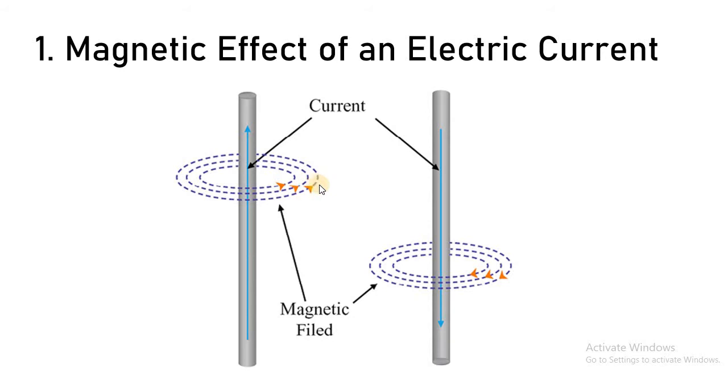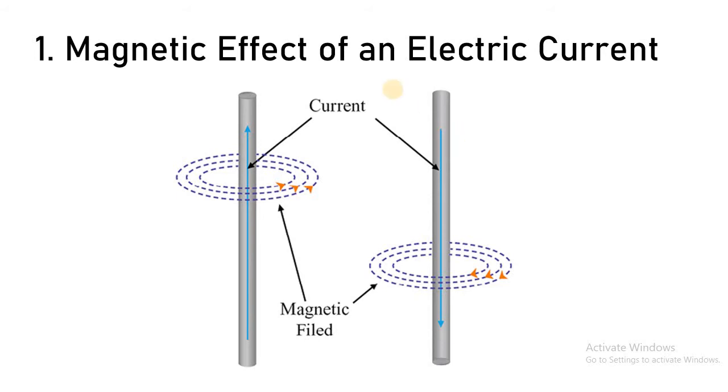Now the fourth point is what? Just see the next bar. The next bar is carrying the current in which direction? Downward. So when the current is flowing in downward direction, what change are you observing in the direction of the concentric circle?